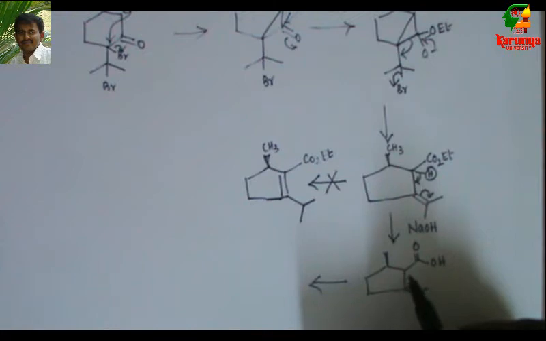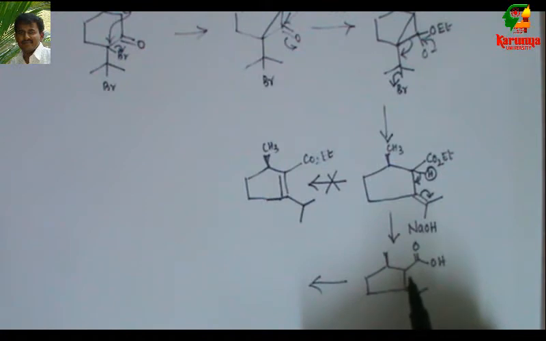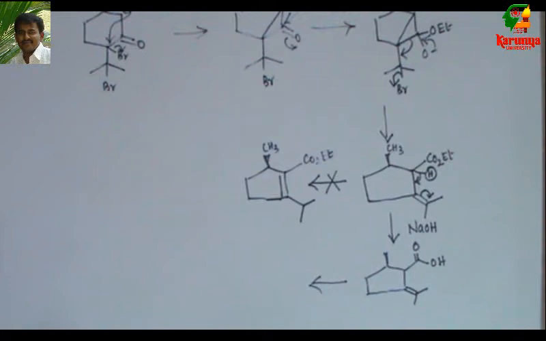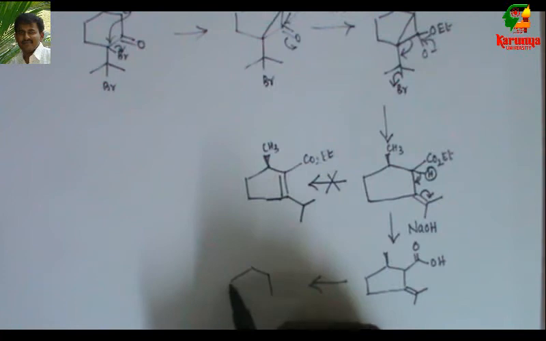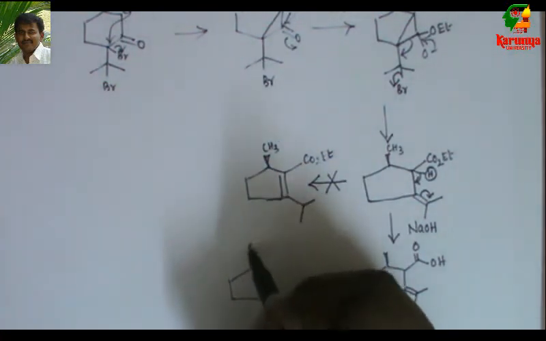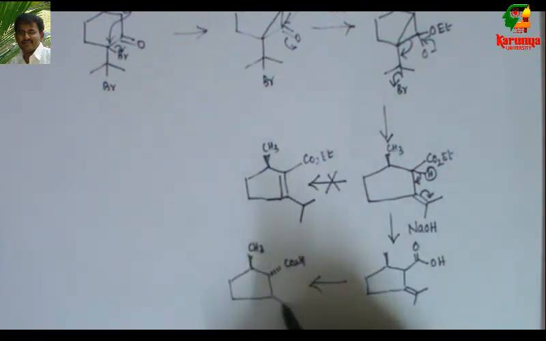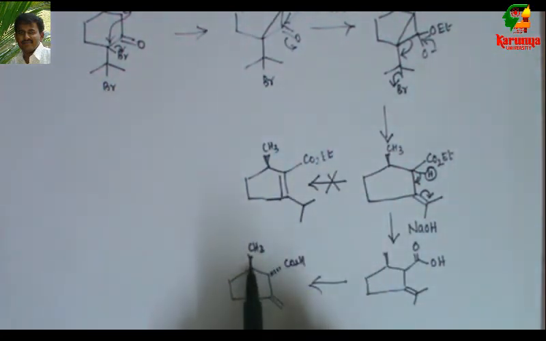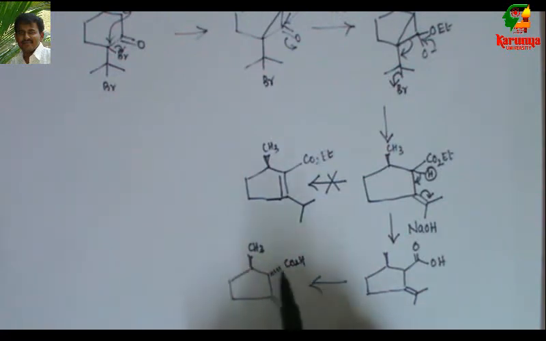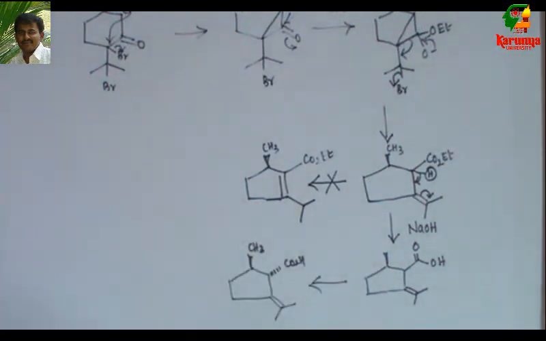Since the carbanion is planar, it takes the proton in such a way that this methyl and this CO2H are trans, so that there will be less steric hindrance. So the product whatever we get, this methyl and CO2H will be trans. Since the stereochemistry of this methyl is already fixed, we have to fix this one in the trans fashion. So the product is this one.